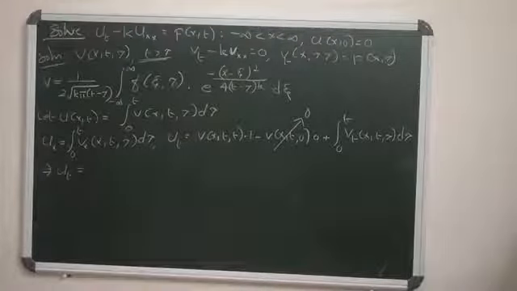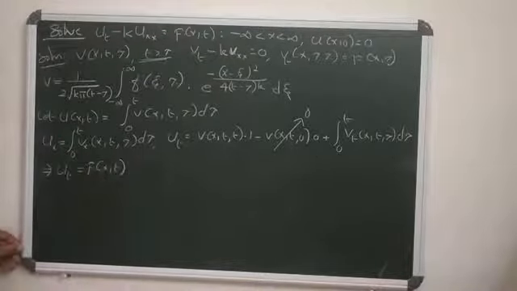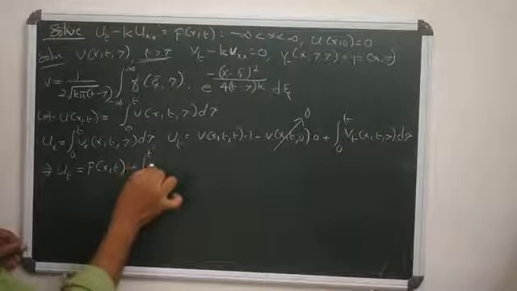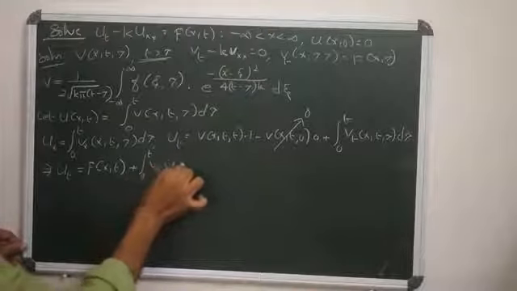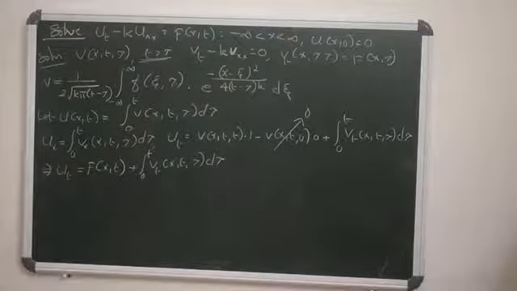Now u_t equals f of x,t plus the integral from 0 to t of v_t(x,t,lambda) d lambda. Why is this so? What is v(x,t,t)?